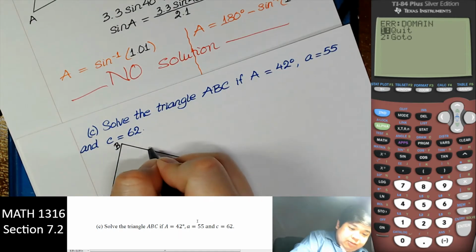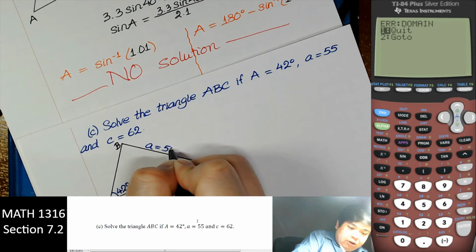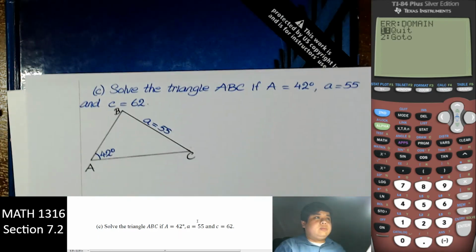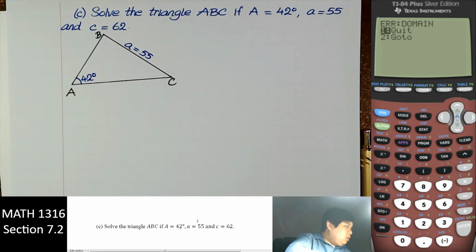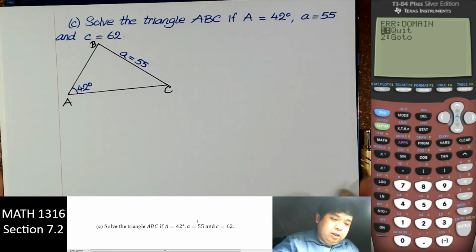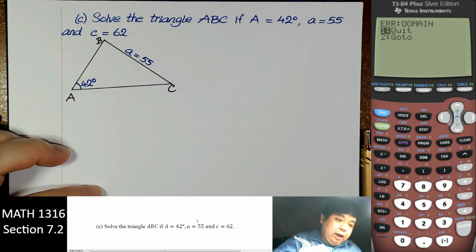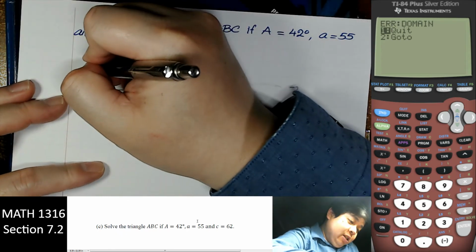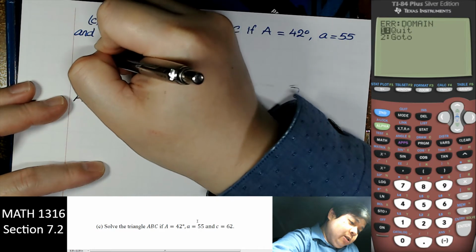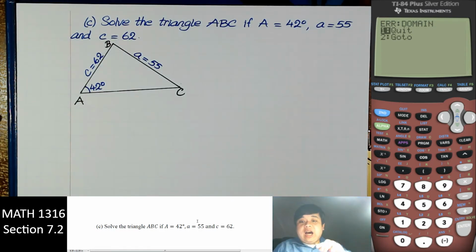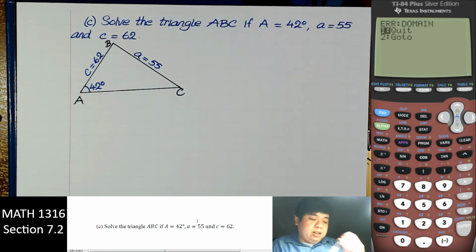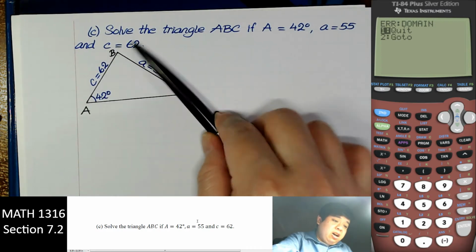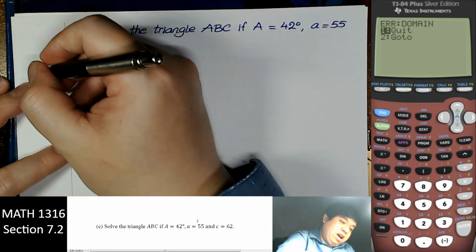Little a is 55, and little c. Also, one thing to note, on all of this scenario, what we have is what we call the side-side-angle scenario.